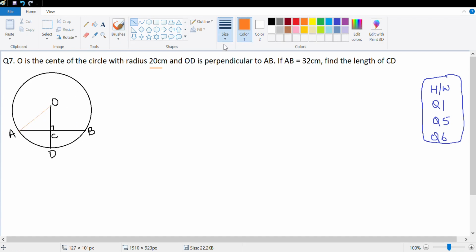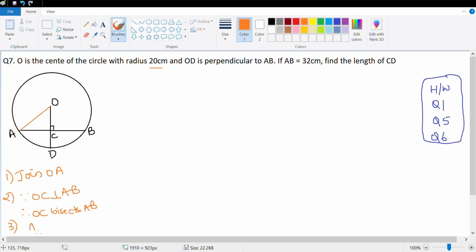So number 1, join OA. Number 2, since OC is perpendicular to AB, therefore OC bisects AB. This is the property of the line joining the center of the circle to a chord, which we did in our first exercise.